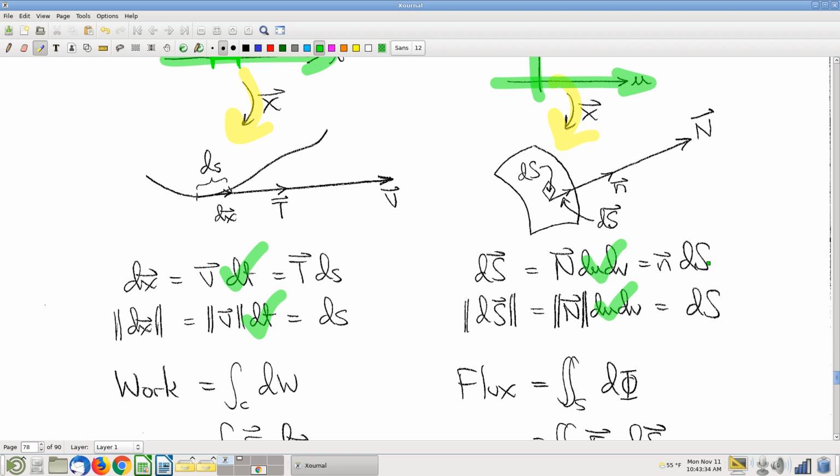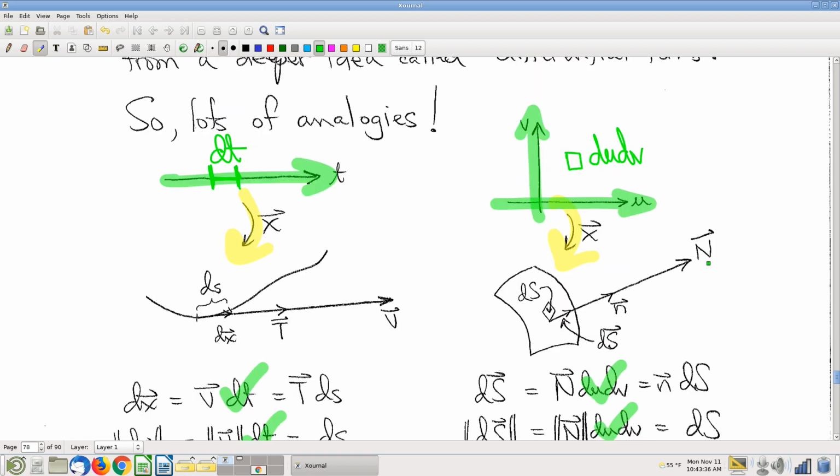Now, in both cases, we take that parameterization and we do a certain kind of derivative of it. In the case of parameterizing a curve, the derivative of the parameterization is the velocity vector. Again, old news. For surface integrals, when we take the derivative, we get a couple of partial derivatives: the partial with respect to u and the partial with respect to v. What does that have to do with surface integrals?